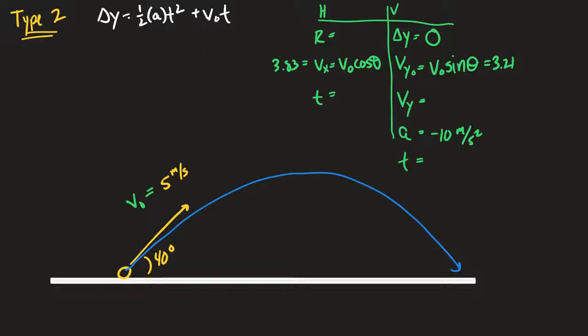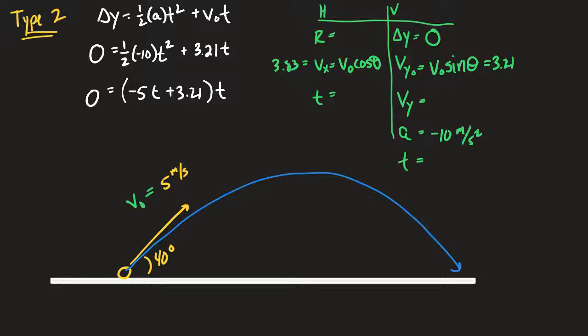That's what a lot of you are starting with, which is great. 0 equals 1/2 times -10 t squared plus 3.21 times t. There are 2 times that satisfy this equation, not 1. Please stop dividing out by 0, which is what you do when you cancel a t here. We are in a more advanced class now.